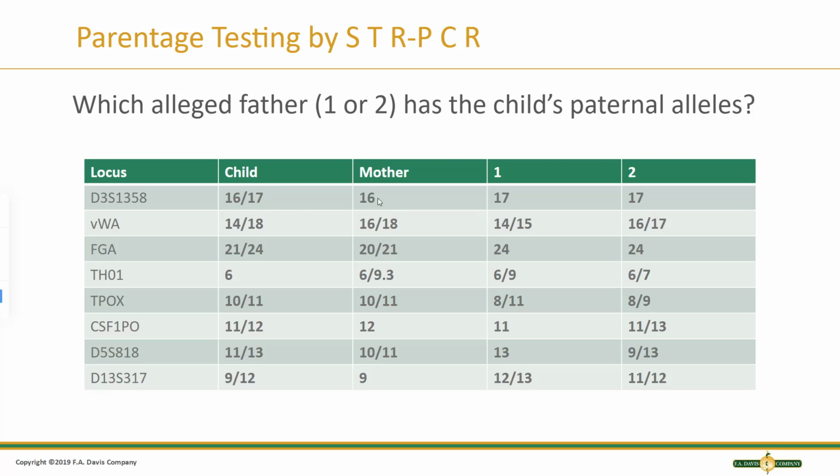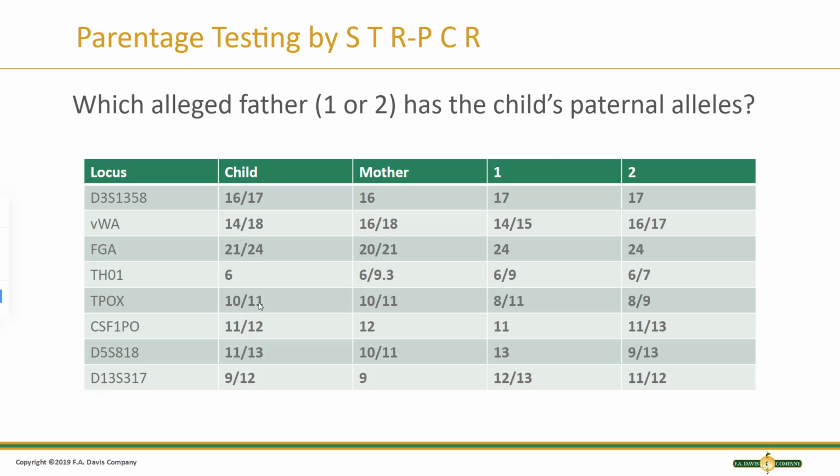It got the 16 from mom, so it would have to get the 17 from dad. Here we have a 14, 18. Well, it got the 18 from the mom, so it would have to get the 14 from father number 1. Here we have 21, 24. The 21 came from mom, so we would have to pick up the 24 from the dad. Well, both of the dads have that. Here we just have a 6, and all of the involved individuals have the 6.